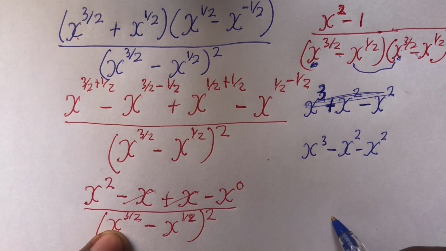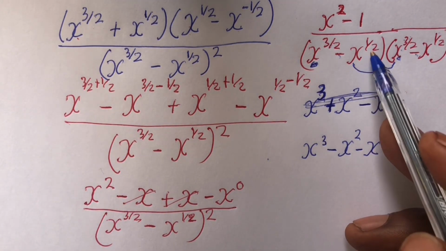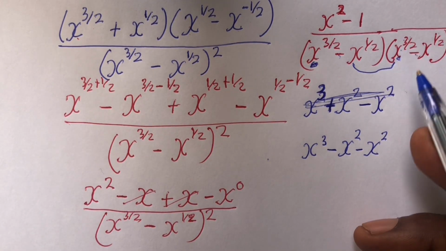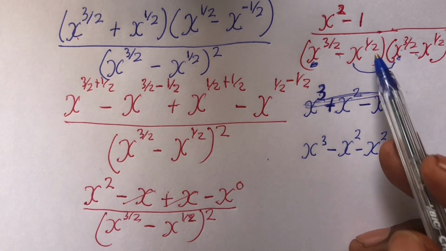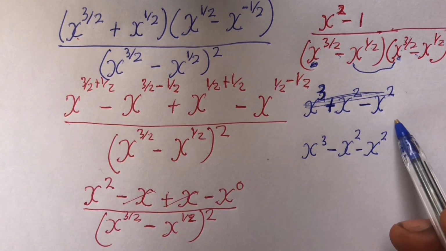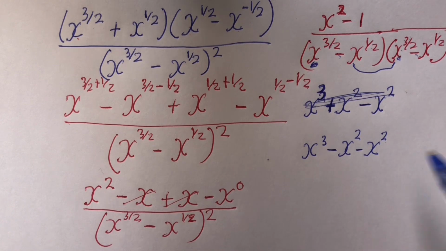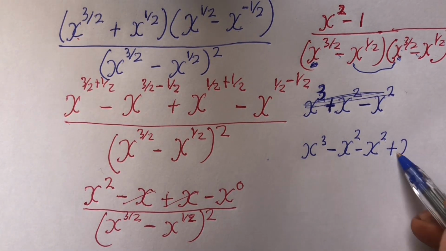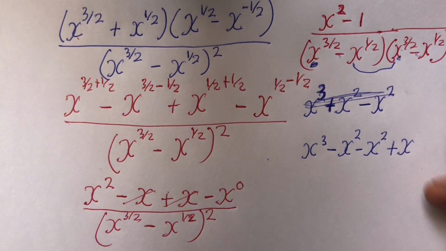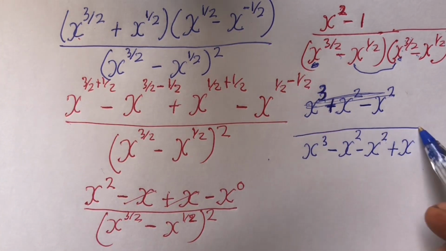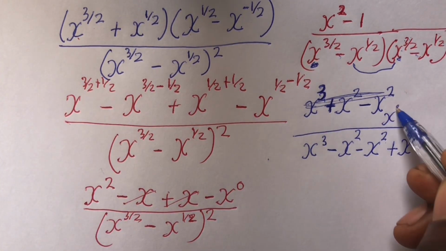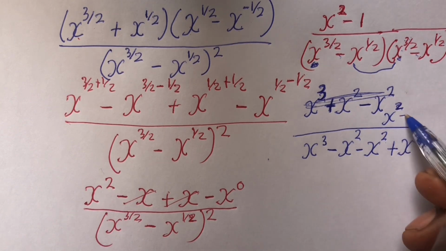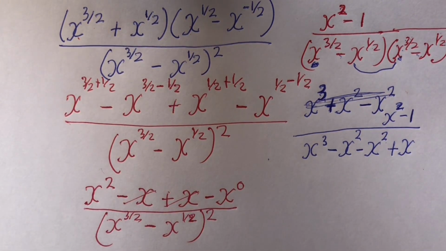Yes. So half plus 3/2 gives us 4/2, which is 2 power. Then we have plus, if we multiply this, we get x, because half plus half is 1. Then we have x squared minus 1 at the top.